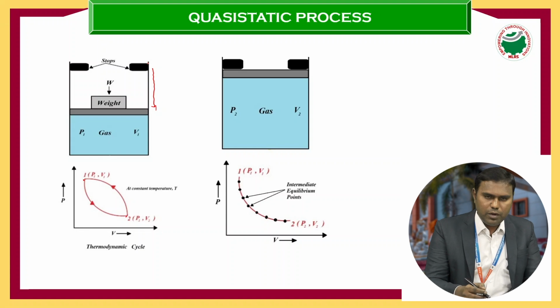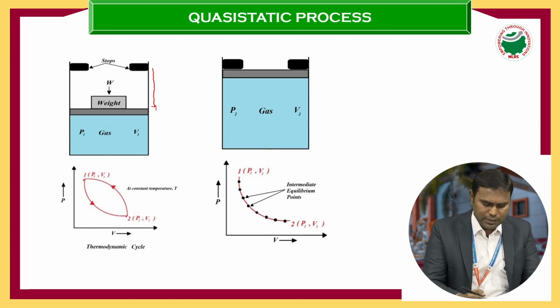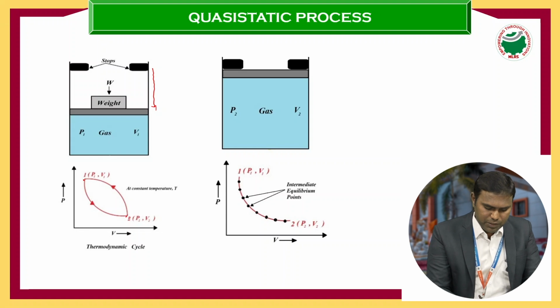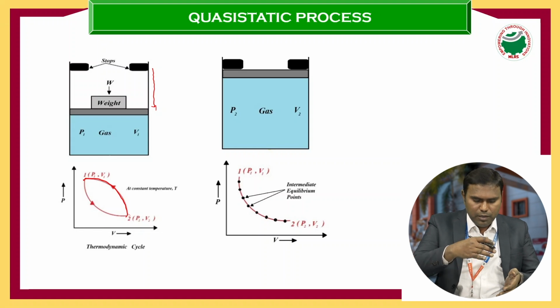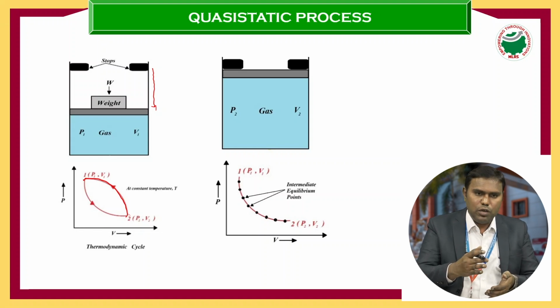If it is moving from top dead center to bottom dead center, then this is called a compression process. In this compression process, the PV diagram is like this. In a compression process, pressure increases and volume decreases.